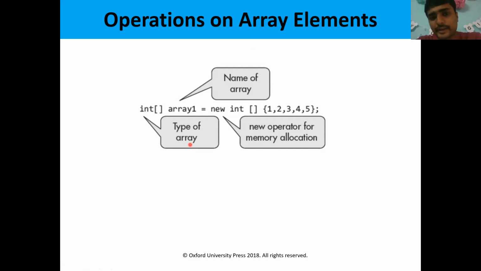Likewise we can do some operations on array. So let us see some operations regarding the arrays. This is the basic syntax for initialization of any array: int, square braces, array name, new operator, data type, square braces, size of an array, and then values.